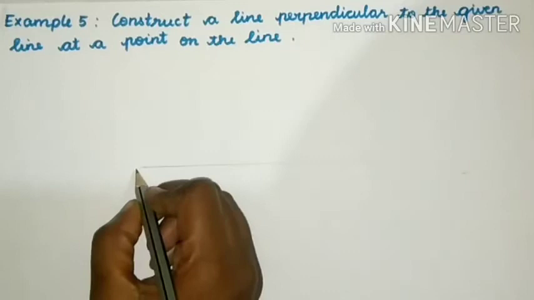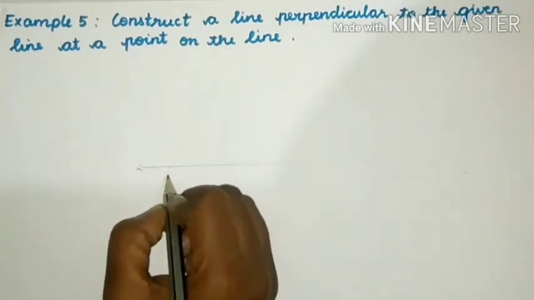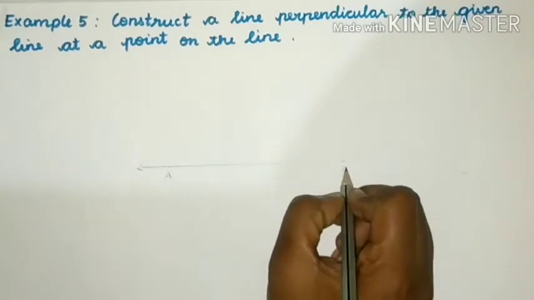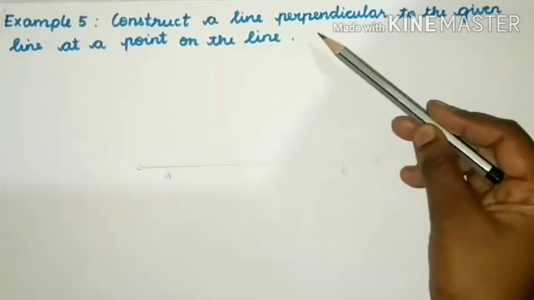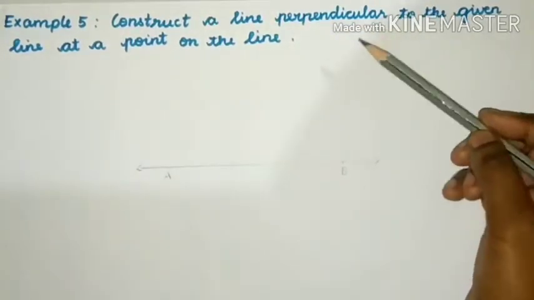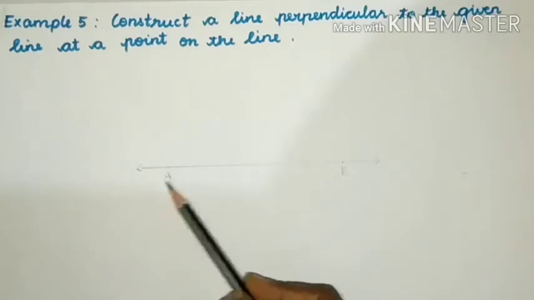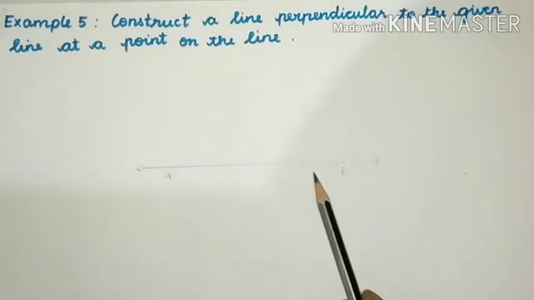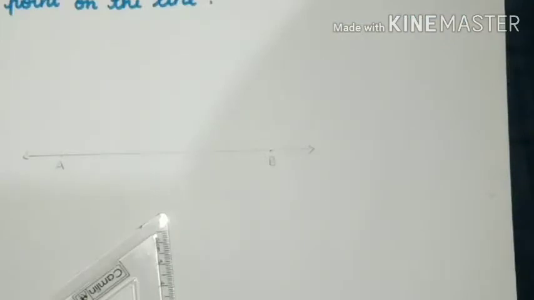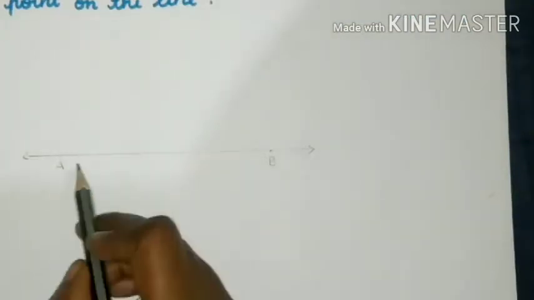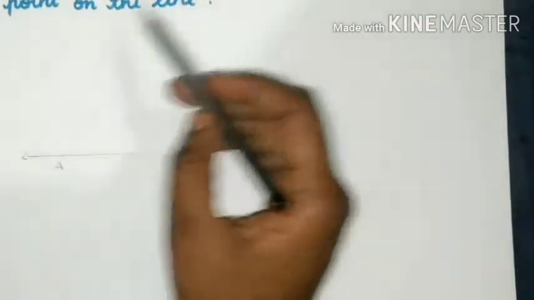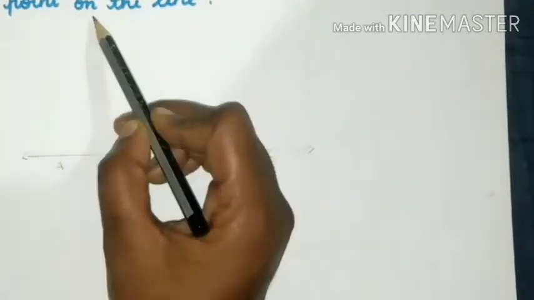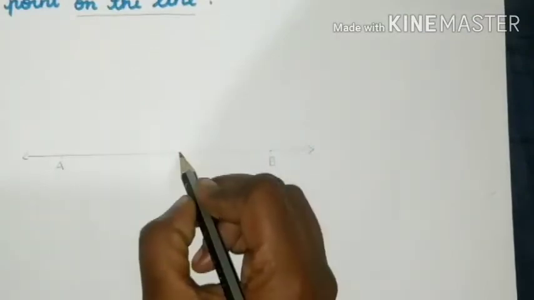Then mark point A and mark point B, because in the question it is not given to draw a line AB or a line PQ, so you have to name this point A and this point B. After drawing the line, you have to mark point P anywhere on the line, because the question says construct a line perpendicular to the given line at a point on the line. On the line means you have to mark point P anywhere on the line.